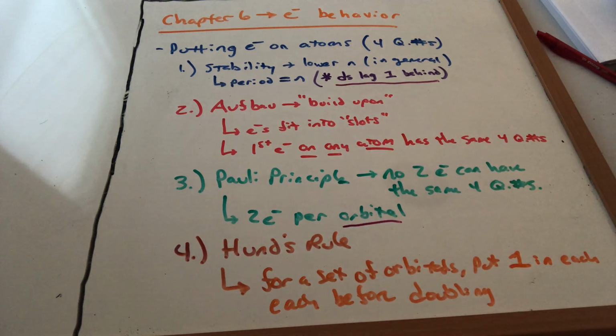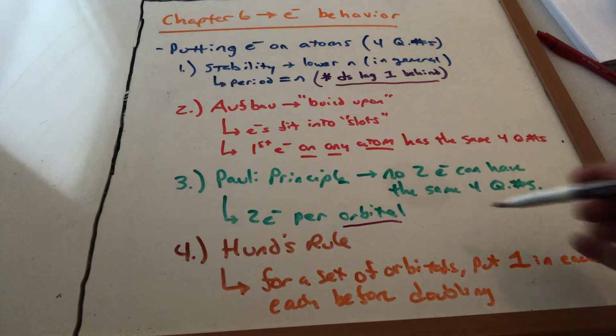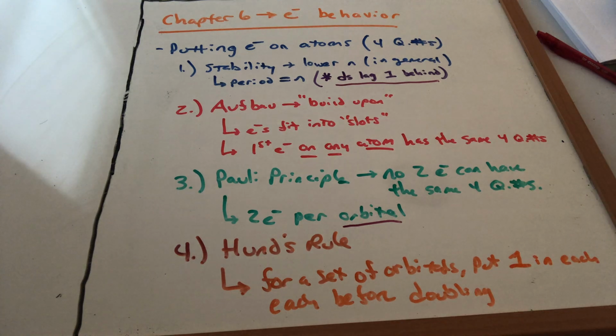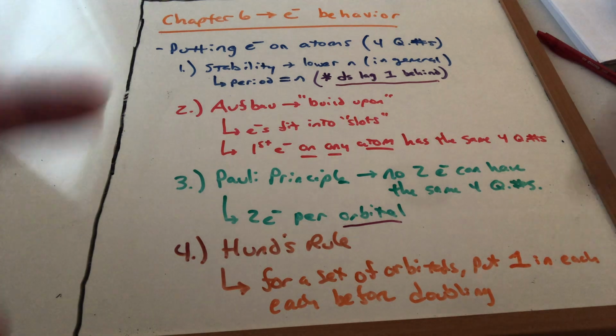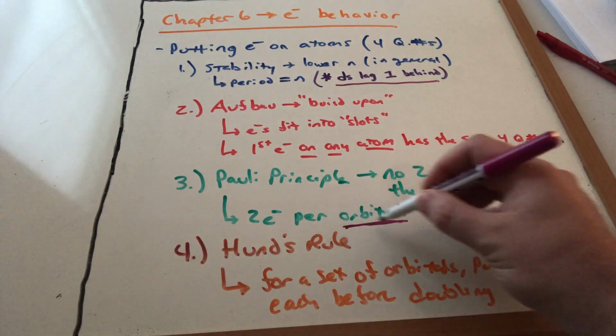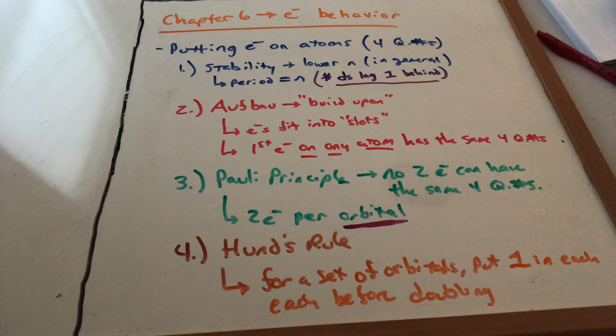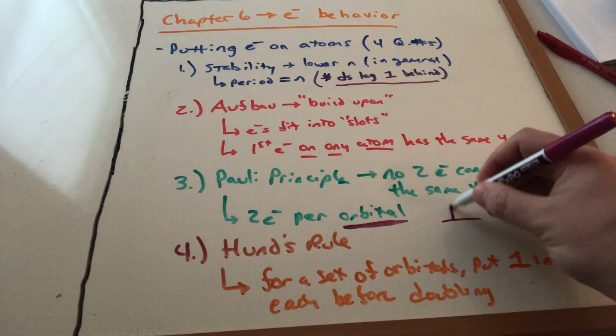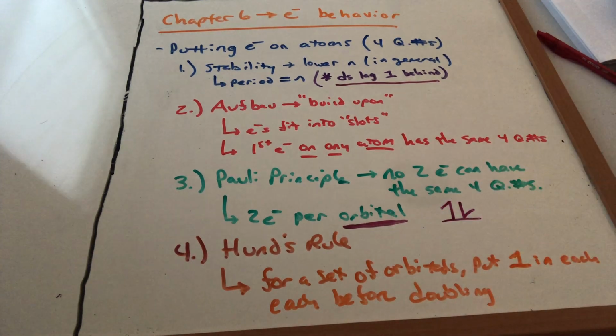Remember what we did last time: the shape of each orbital was determined by l, but each orbital had a different m sub l. So essentially, each m sub l that we eventually work our way down to can fit 2 electrons, one with spin up and one with spin down.